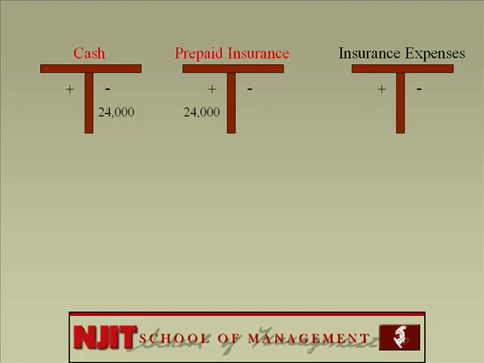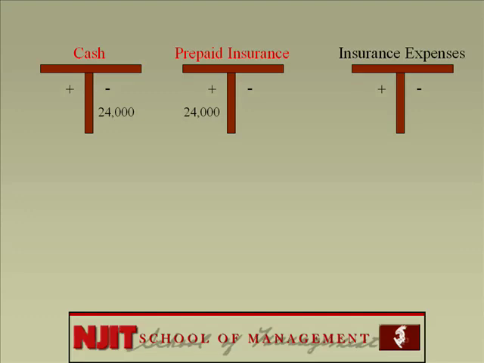Here's how it stands. Cash minus 24, prepaid insurance plus 24. Right now, it's an asset because the insurance company owes you. At the end of the year, do they still owe you? No, because they provided you with the service.